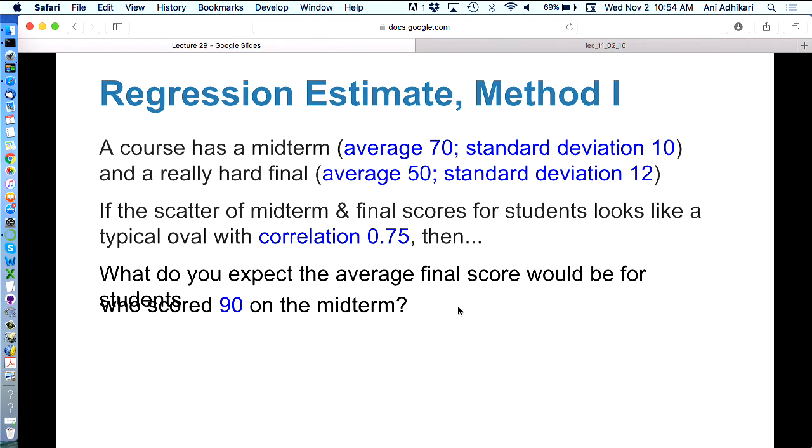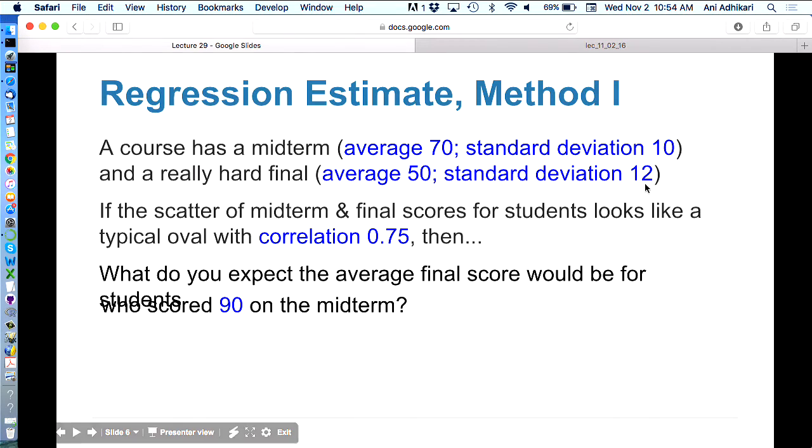You're done if I had asked you for standard units. So your prediction is 1.5 standard units. But I want points. So I want to know how many final exam points that is. 1.5 standard units means 1.5 SDs above average. So I need to go to SDs of final exam scores. That's 12. 1.5 of those is 18.